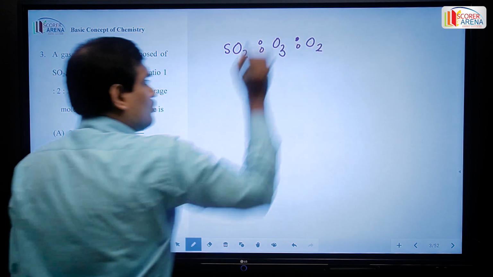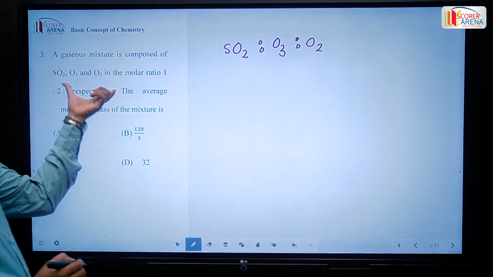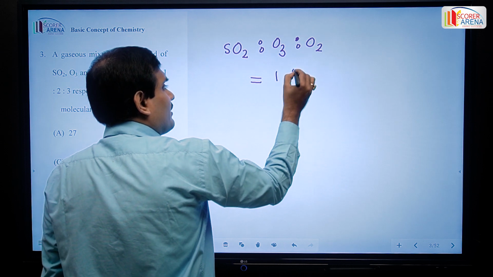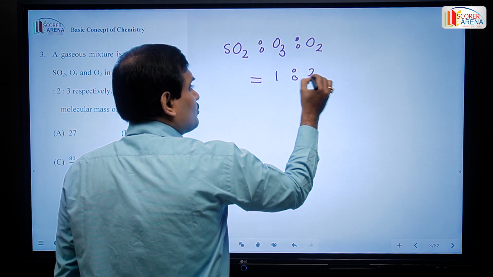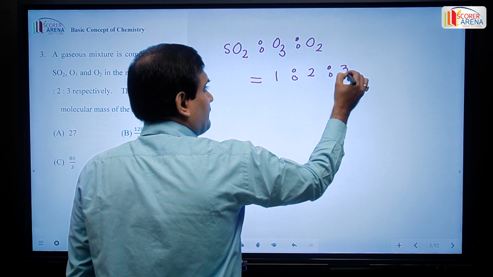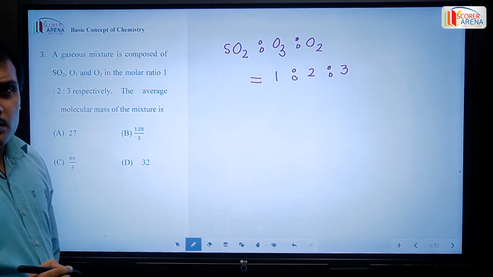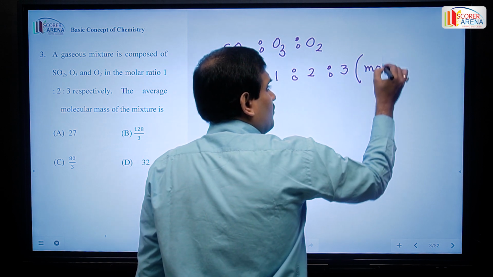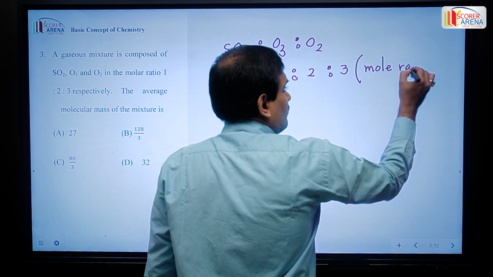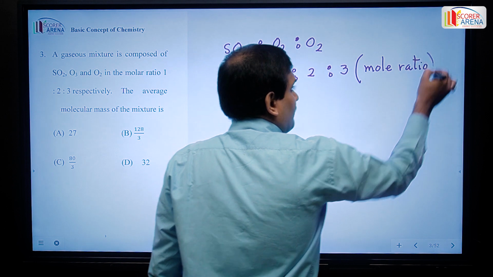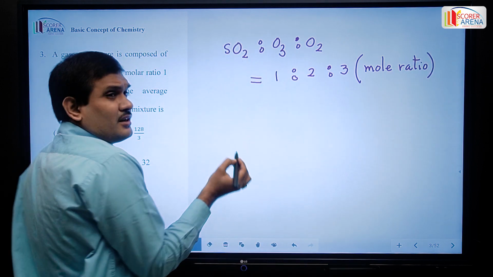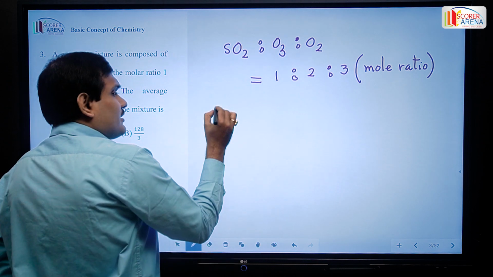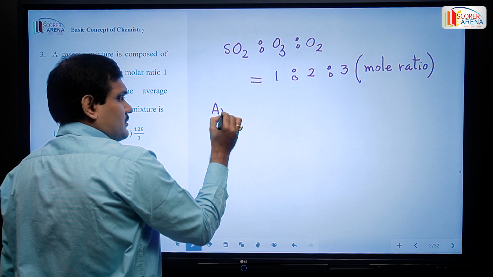The ratio of the moles of the 3 gases is given as 1:2:3. I am taking it as a mole ratio, so I am directly applying the previous concept, that is average molar mass.